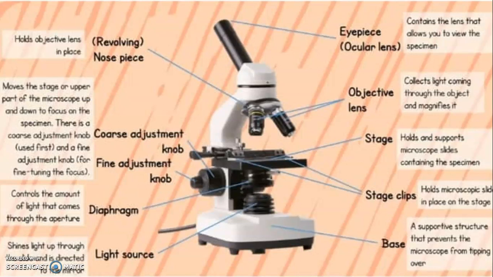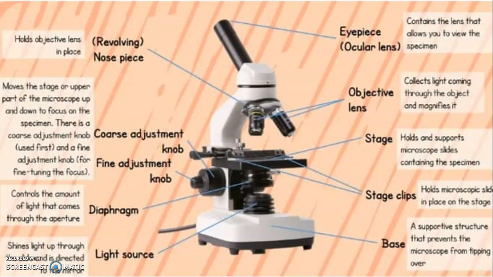Another is the stage, which holds and supports the microscope slide containing the specimen. And also the stage clip, which holds the microscope slide in place on the stage. And of course, the coarse adjustment knob and fine adjustment knob, which move the stage or upper part of the microscope up and down to focus on the specimen.